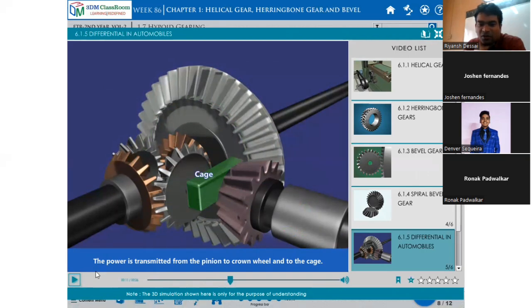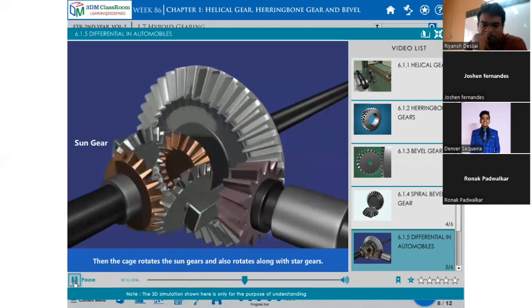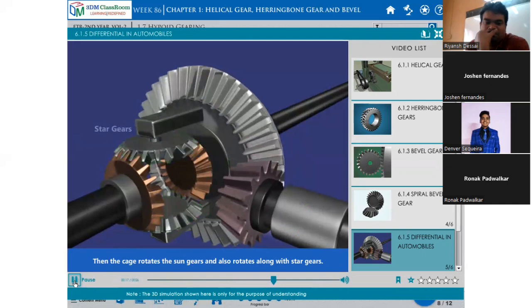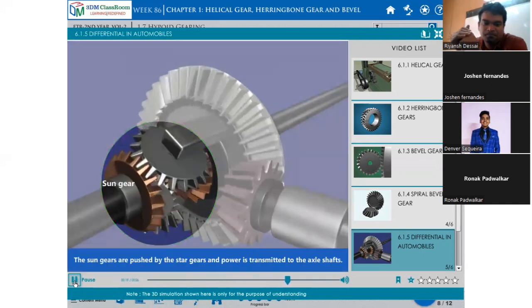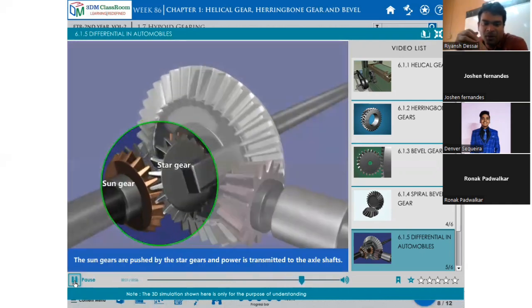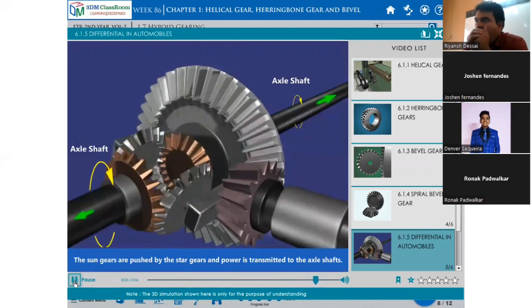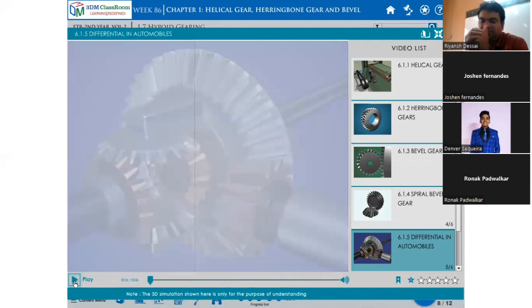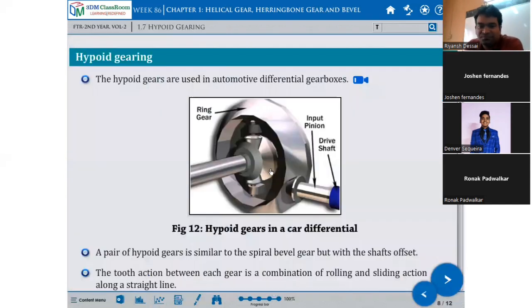From the pinion to the crown wheel and to the cage. Then the cage rotates the sun gears and also rotates along with the star gears. The sun gears are pushed by the star gears and power is transmitted to the axle shafts.